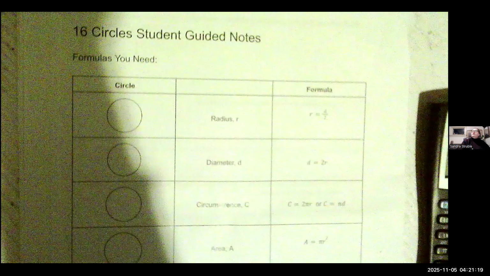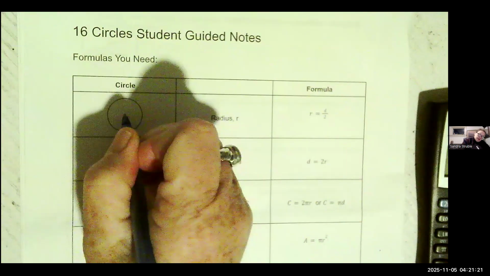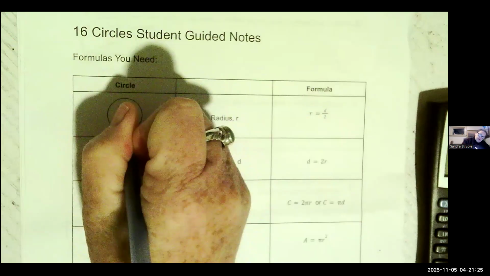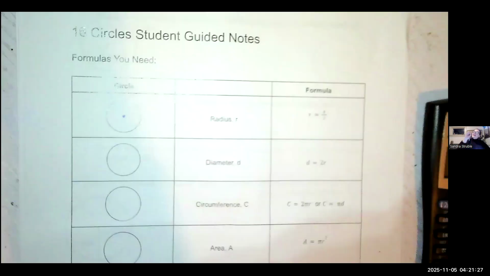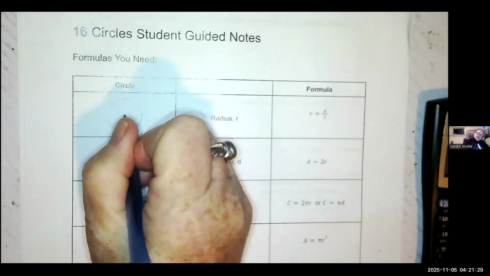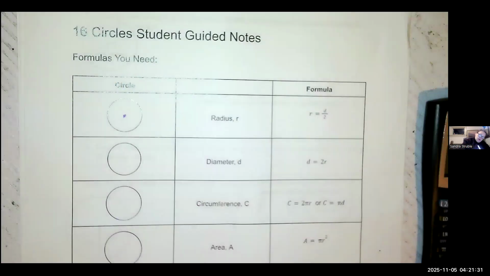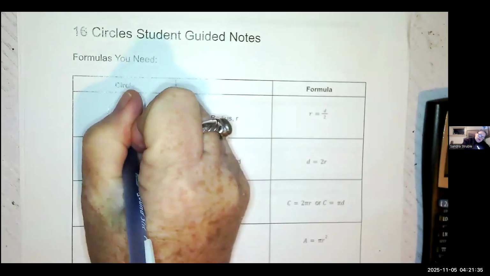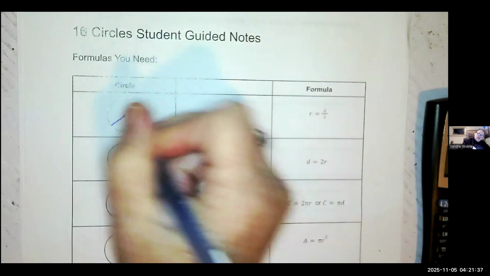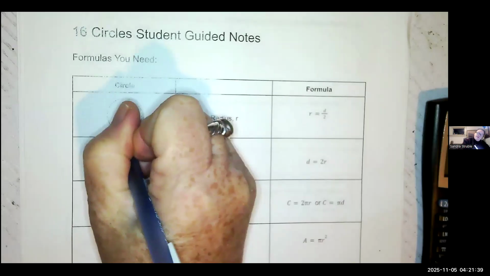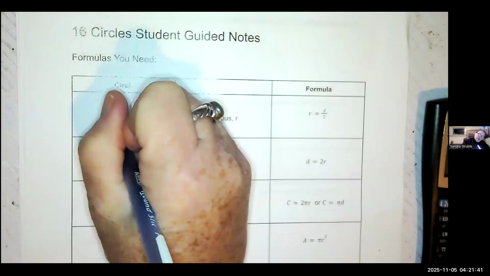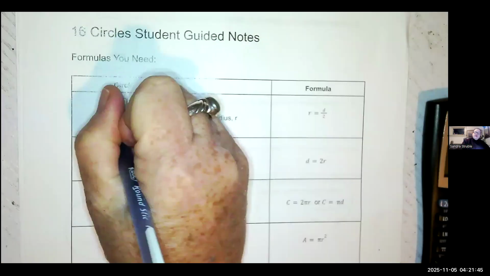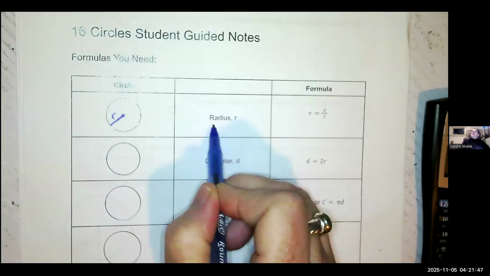But what is a radius? A radius is from the center point of the circle to any point on the circle itself. So I'm going to draw a line to here. From the center to any point on the circle is halfway across the circle, and it's called the radius, and it's notated by little r.